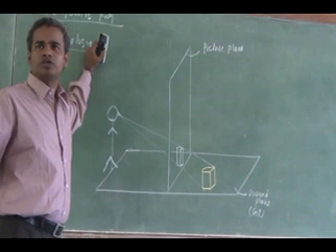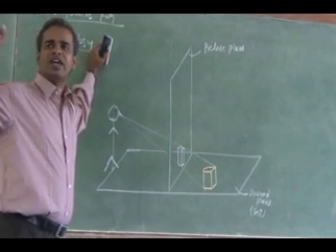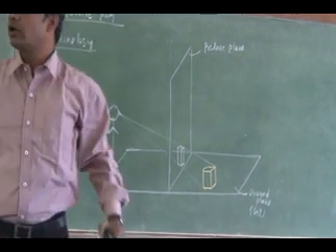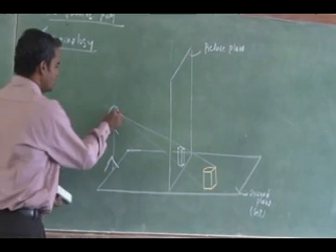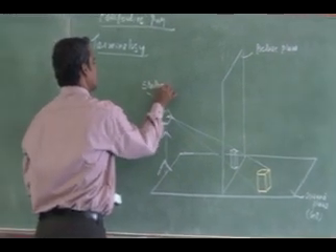Now, one more thing you should remember. The location of the observer's side is going to be termed the station point. So this is the location, and this is termed the station point.